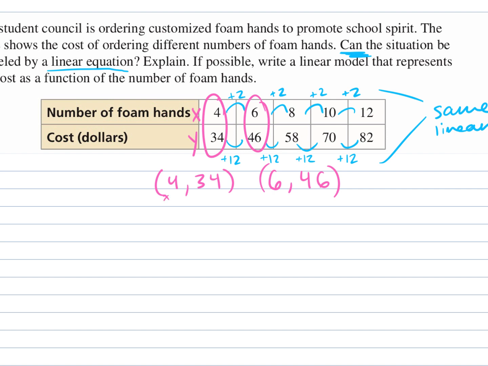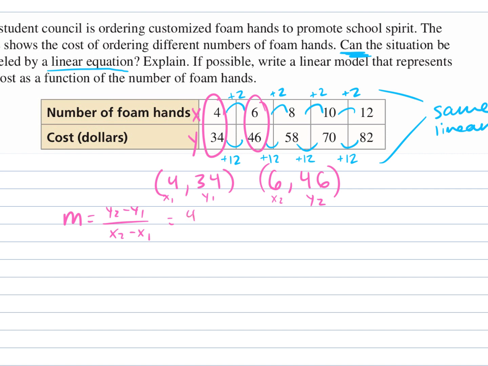So I'm going to label X1, Y1, X2, Y2. What's the first thing I need to do if I'm going to put this in point slope form? Find the slope. So my slope is Y2 minus Y1 over X2 minus X1.